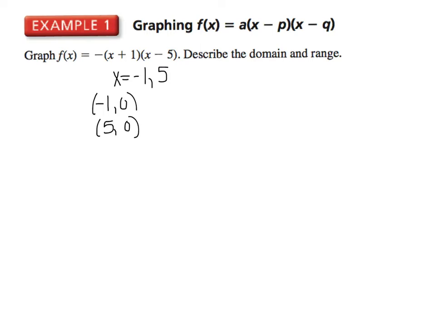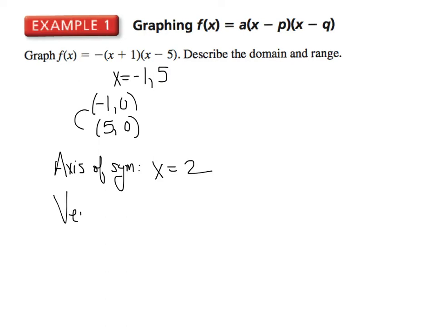So we know this graph crosses the x-axis at those two points. Now we need to find the axis of symmetry. We just add these together and divide by 2. So 5 minus 1 is 4, half of that is 2. The axis of symmetry is x equals 2.